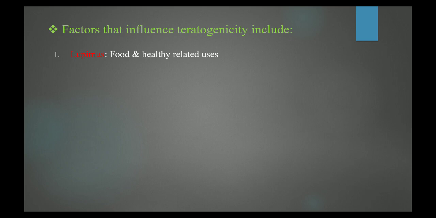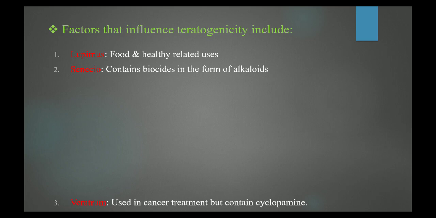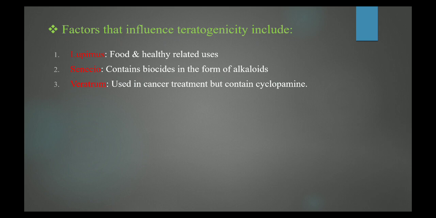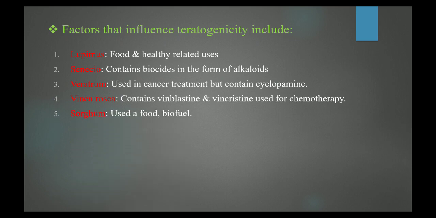Lupinus contains alkaloids, and it is also used for food and health related uses. Second is Senecio, which contains biocides in the form of alkaloids. Third is Veratrum, used in cancer treatment, but it contains cyclopamine. Fourth is Vinca rosea, which contains vinblastine and vincristine, used for chemotherapy.